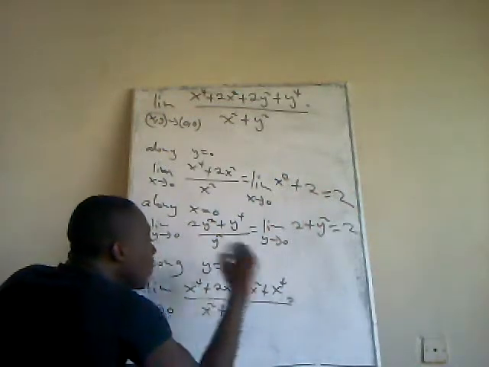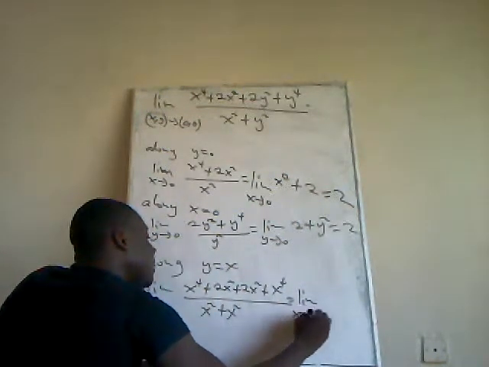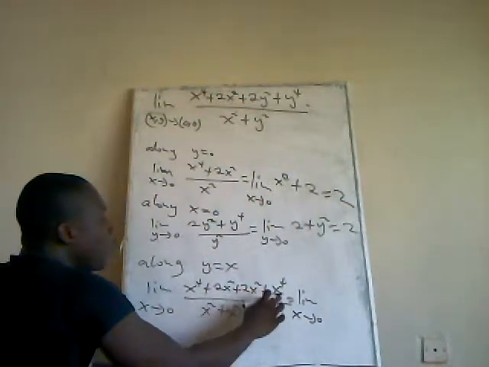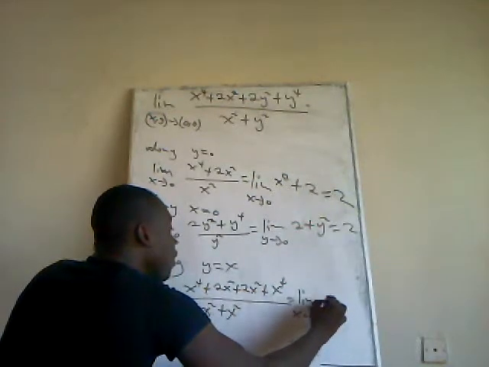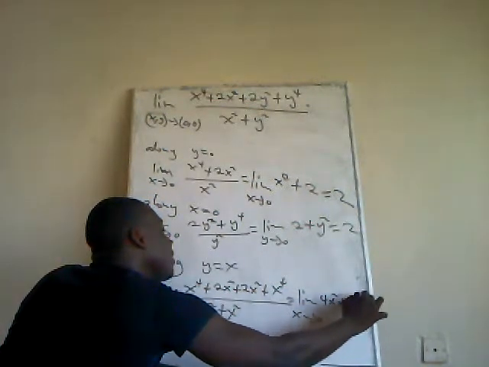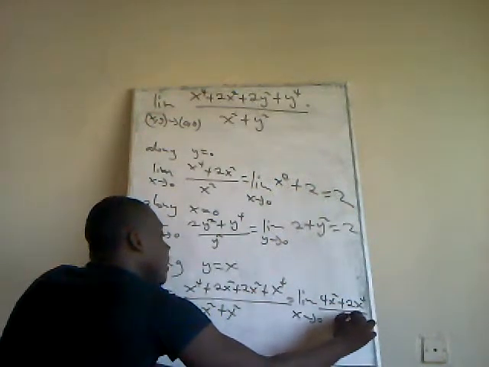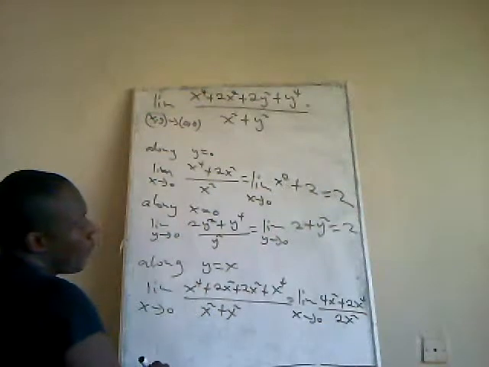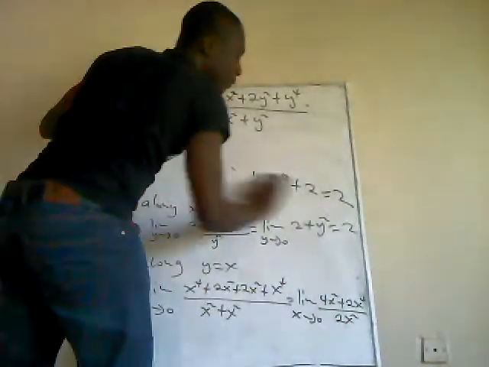And it will reduce to become the limit as x approaches 0. I'll have 2 of them, 4 of these, and 2 of that. So I'm going to have (4x^2 + 2x^4) all over 2x^2. Let me just clean the top and proceed.